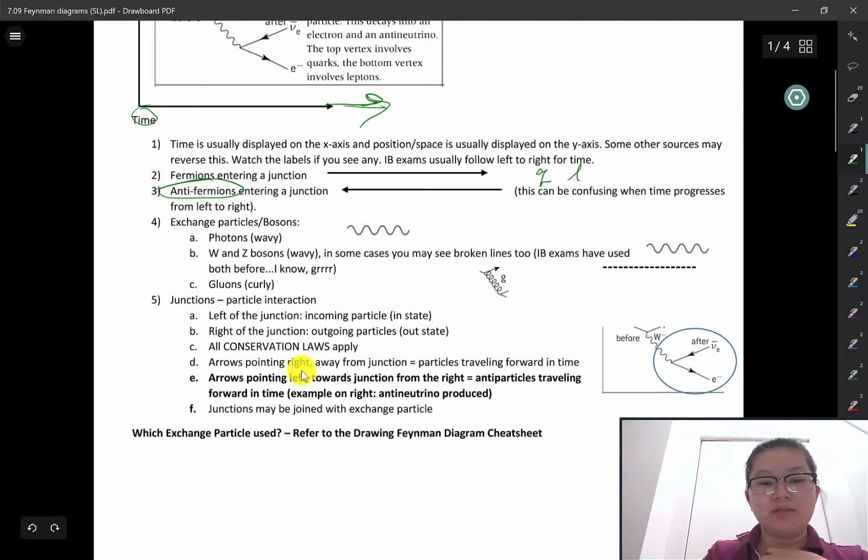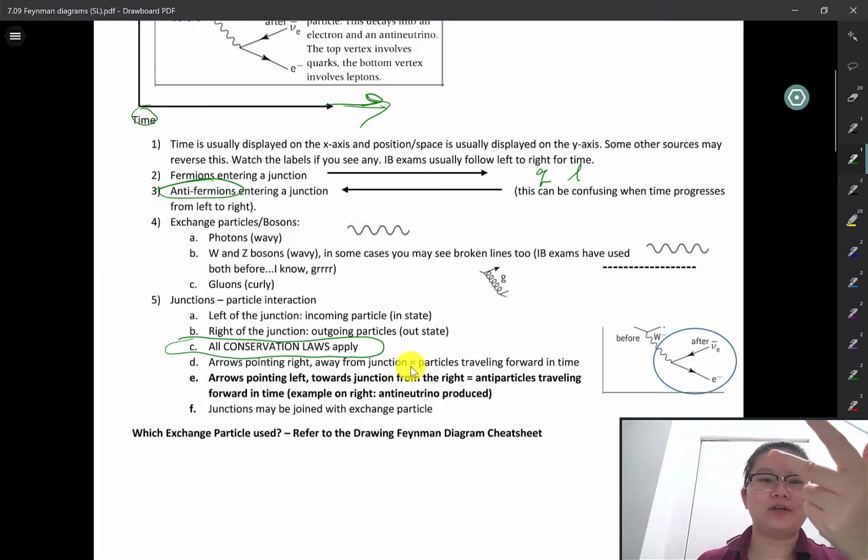At every junction, all conservation laws apply. Hopefully you know all your conservation laws, including baryon number, lepton number, charge conservation, and strangeness. Well, strangeness you can look at in terms of weak interaction or not. So you have all your conservation rules that apply.